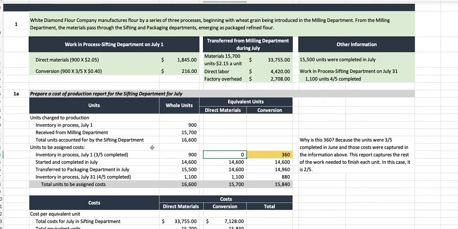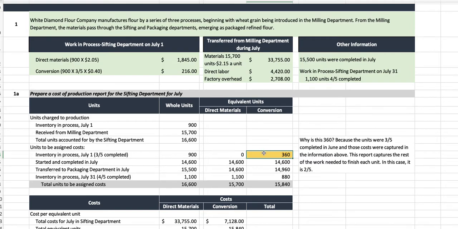And so since these items were begun in June, you'll see that information up here. These are the costs for the direct materials that were incurred in June. So we won't add any units for direct materials for the month of July. But we will calculate the conversion units or the equivalent units that we'll use to calculate the conversion costs.